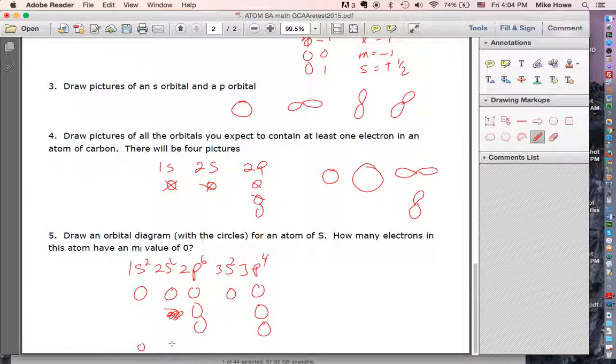So I'm going to go 0 down here for the m values. Okay, down here, this m value would also be 0 because n equals 2, then s sublevel is L equals 0, and if L equals 0, then m has to equal 0. But here, this is L equals 1, so you could have -1, 0, and 1. So it was 0 down here, then -1, 0, and 1.